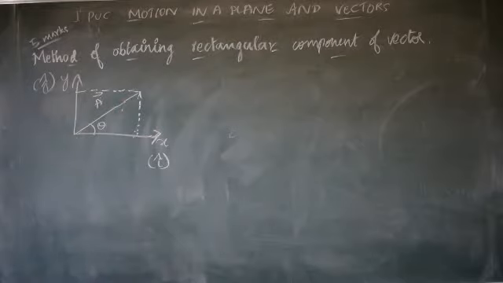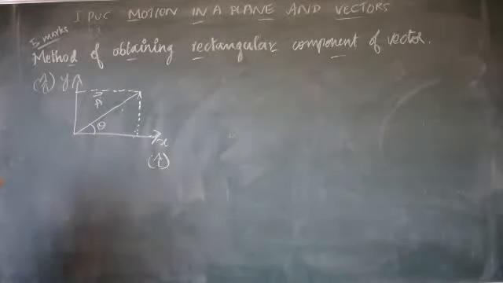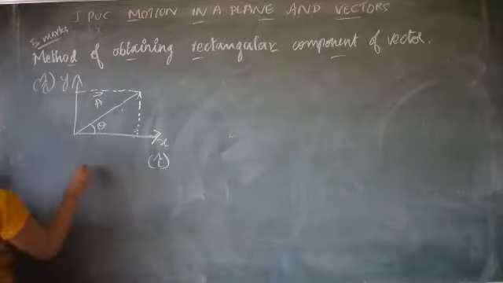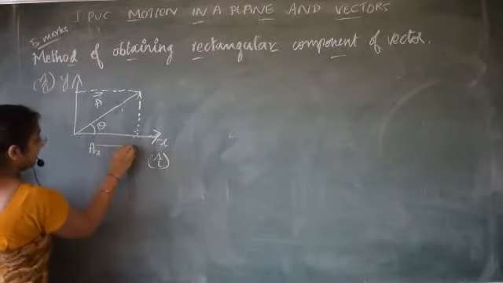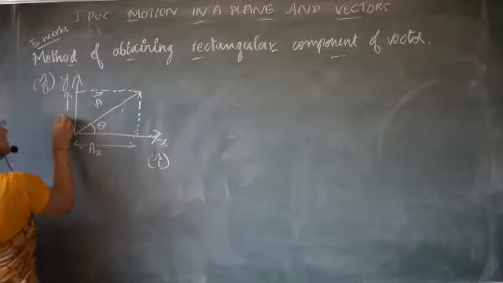Then now see here we get two vectors. That is from here to here, that is nothing but Ax. From here to here, let me mark it as Ay.